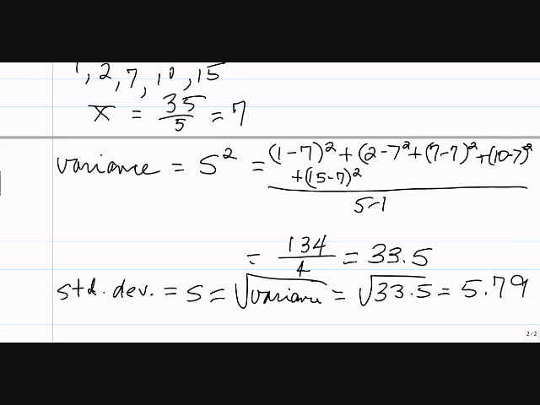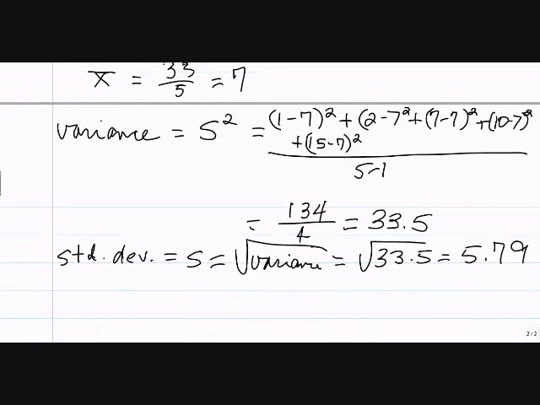So that tells me that each one of these values, 1, 2, 7, 10, 15, on average is 5.79 away from 7. Okay? This is a measure of how spread out my data is. If that number is really large, then my numbers are kind of all over the place. If that number is really small, that means my values are packed very tightly around the center, around the mean. That's all.